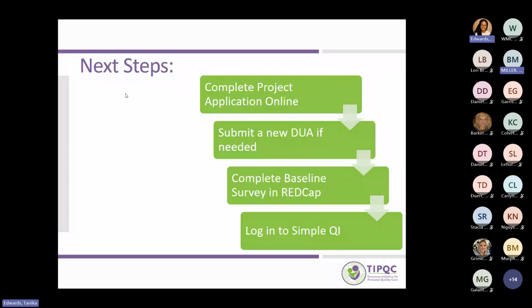And then if you have any questions, complete your application, submit your DUA if needed, complete your baseline survey in REDCap, and then when you get your login, log into Simple QI and look over it. If you need one of our data people to go over it with you, they'll be glad to schedule an appointment with you during their business hours and review it.